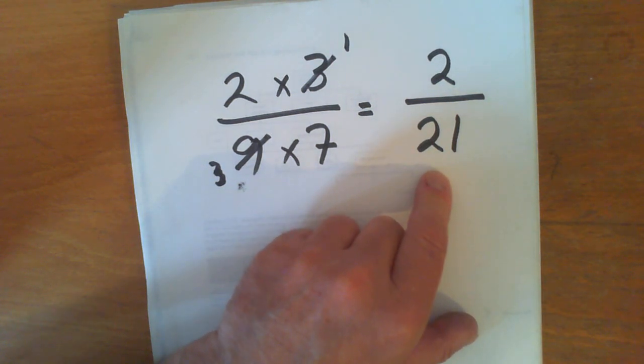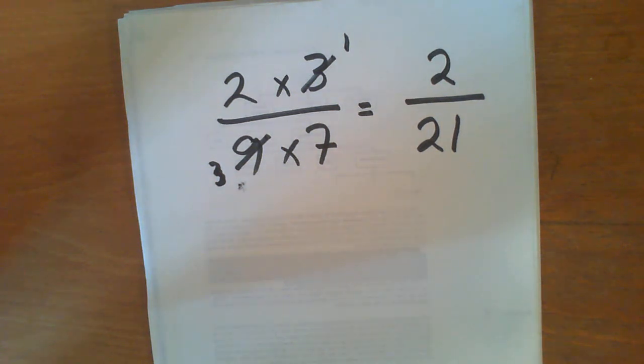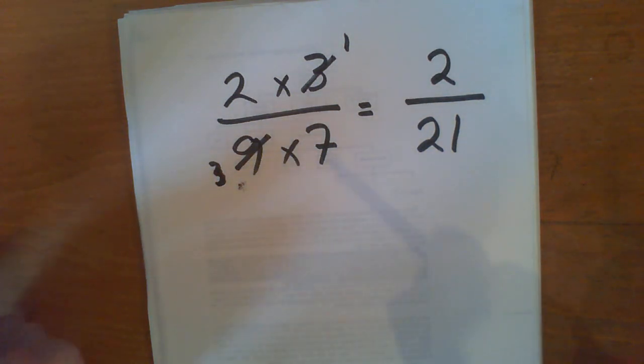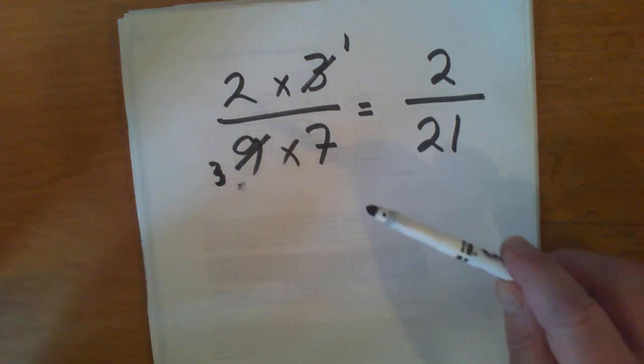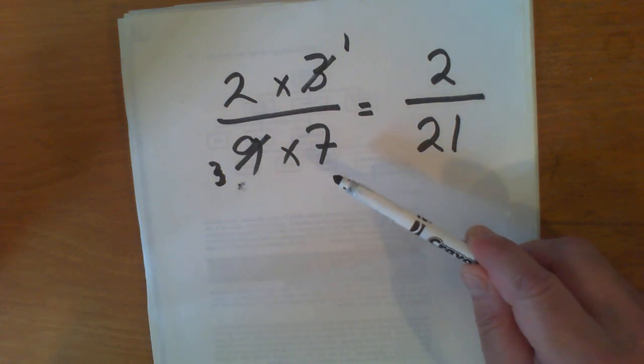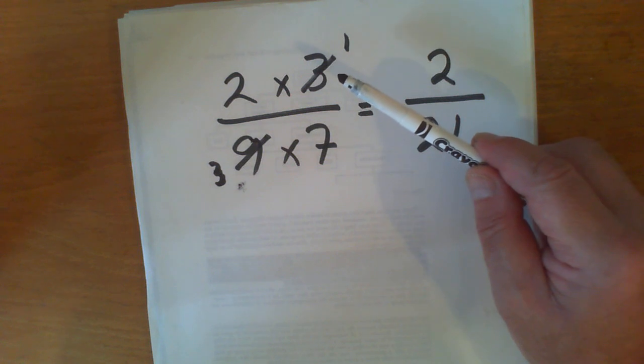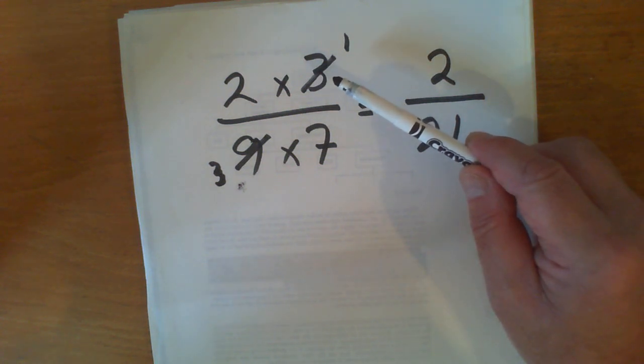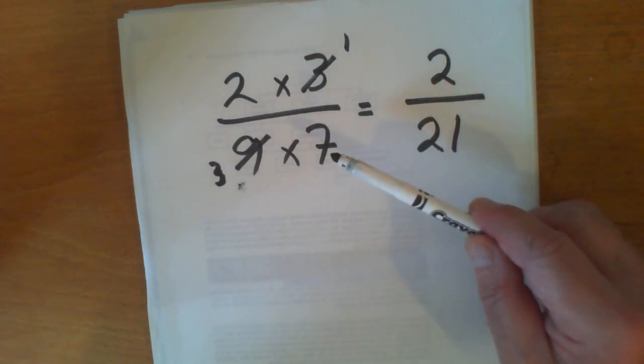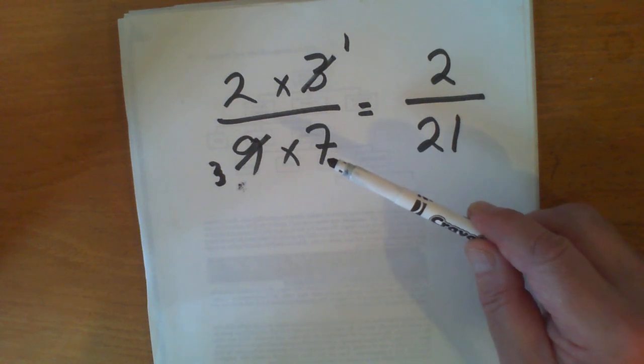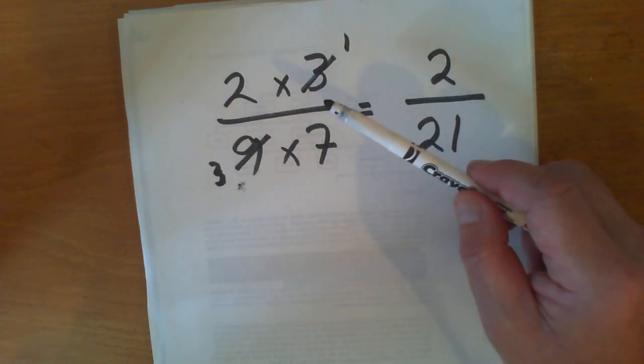So I don't need to process this any further. What you really need to understand is the legitimacy of this operation. Any old fraction, I can divide the top by an integer and also the bottom by the same integer, and that's an acceptable operation. So that's what I've done here.